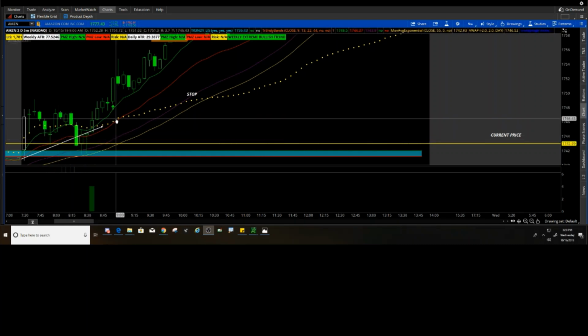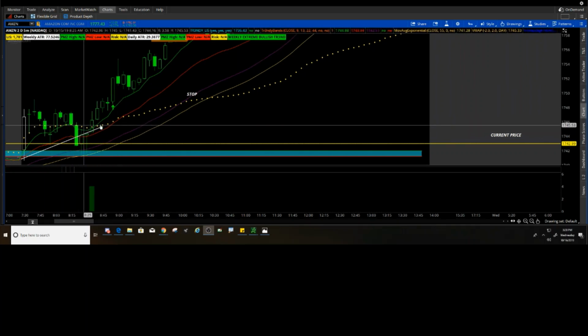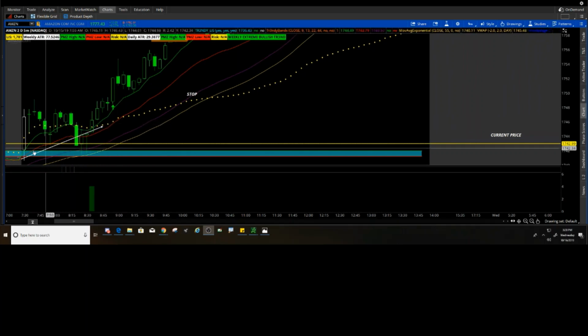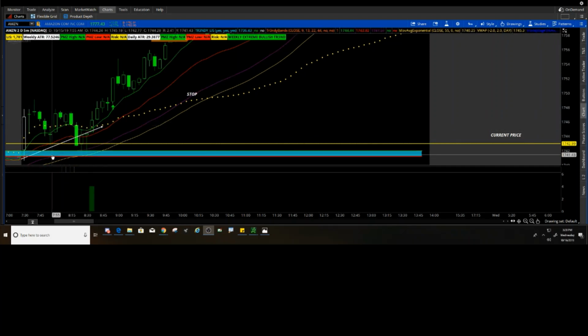So either I go long on the equity side or I buy calls when price is above many different things: the yellow dotted line, which is called the VWAP, the EMAs, and then the PMZ.